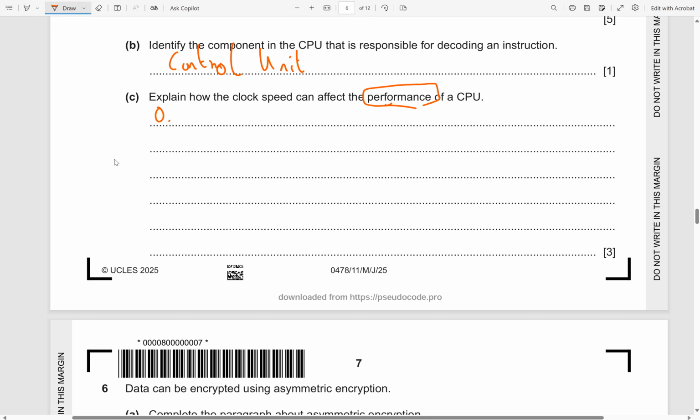Let's say on each clock pulse, a new fetch, decode, execute cycle is started.